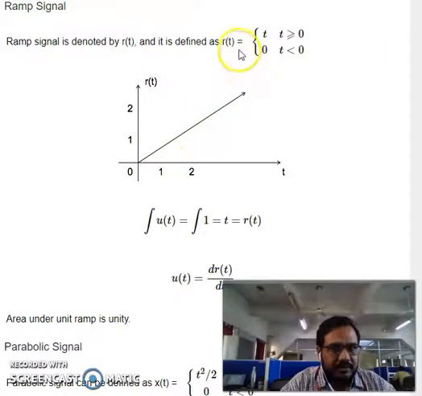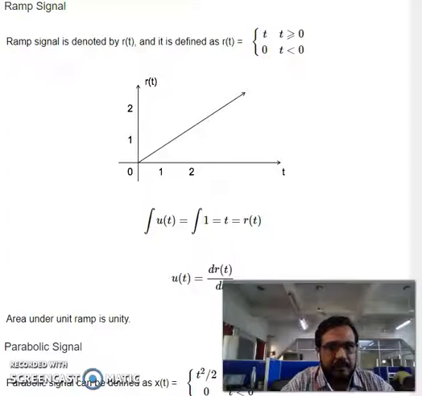So r of t is equal to t when t greater than or equal to 0 and is equal to 0 when t less than 0. Graphically it looks like this, and mathematically it is defined like this.